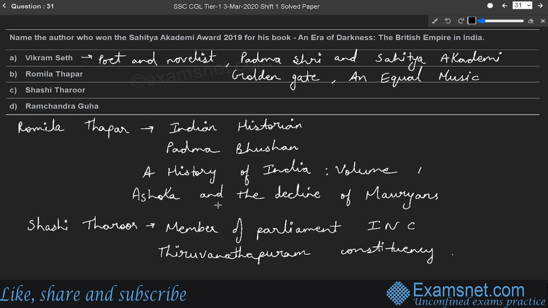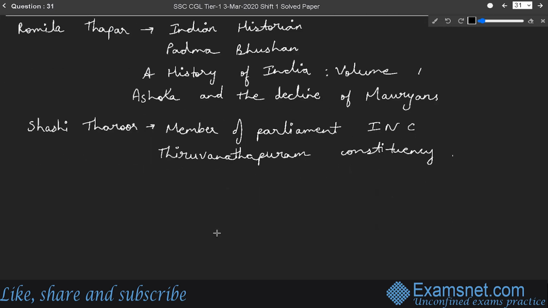Shashi Tharoor also wrote many books, and his book was also published in the UK by the name of Inglorious Empire: What the British Did to India.